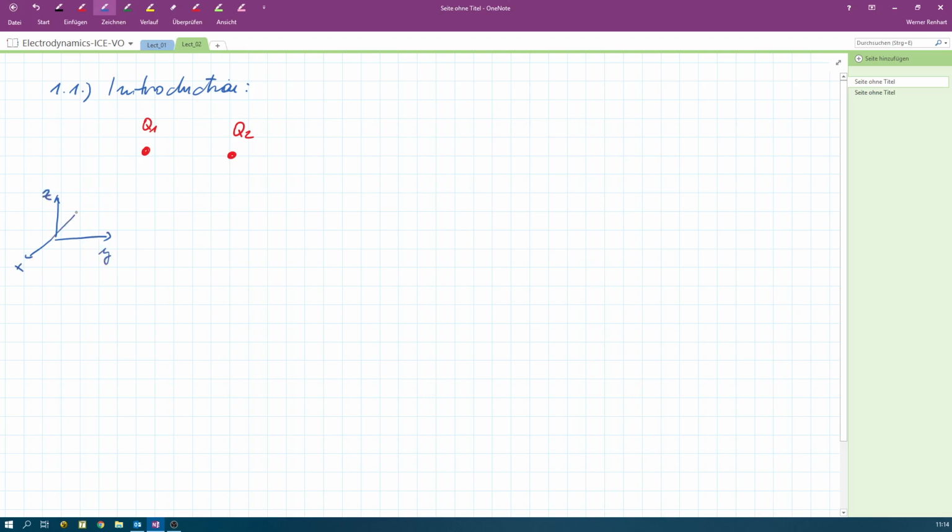The vector R1 points to the location of the first charge Q1, and respectively R2 for Q2.